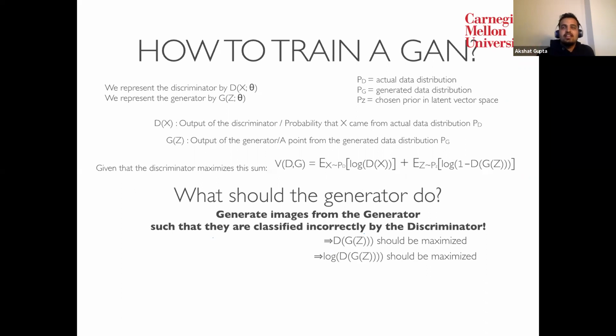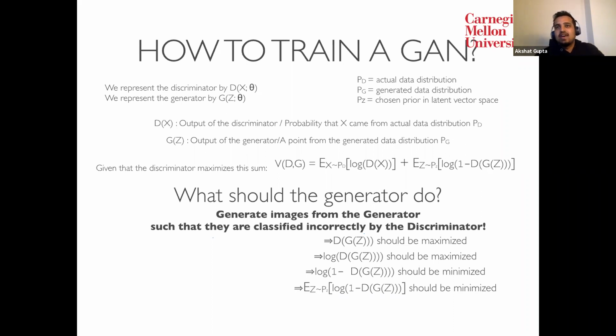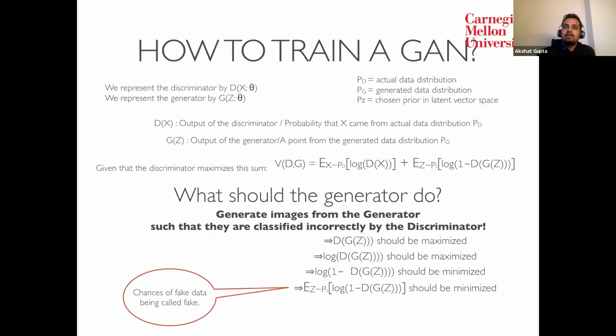So the generator wants d of g of z maximized, which is the same as saying that log of d of g should be maximized, which is the same as saying that 1 minus that should be minimized. That is, the expectation of log of 1 minus d of g of z should be minimized if z comes from the generator. Here z is a point from the chosen prior distribution in the latent vector space.